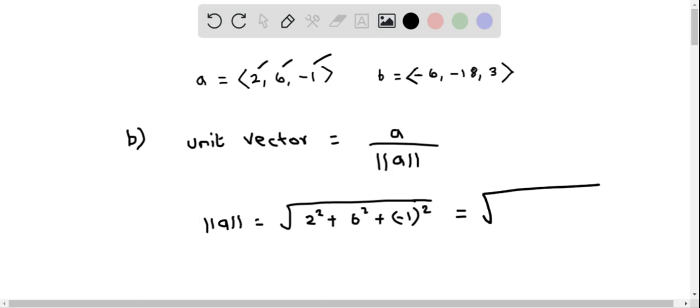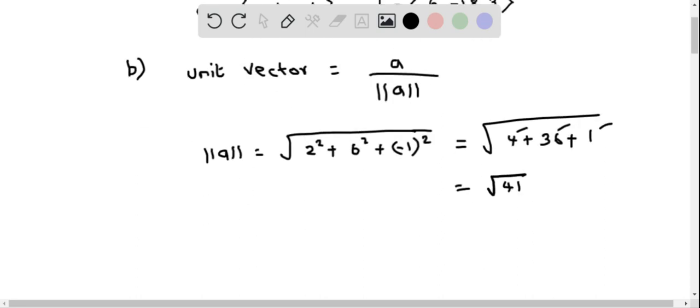And so this gives 2 squared is 4, plus 6 squared is 36, plus negative 1 squared is 1. Adding this together inside the square root, we get 36 plus 4 is 40, 40 plus 1 is 41. Therefore, the square root of 41 is the magnitude of A, which we now replace into the unit vector formula.